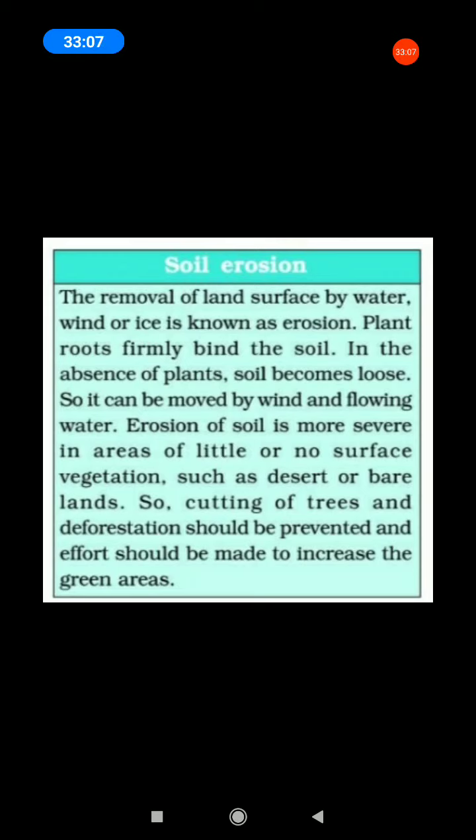In the absence of plants, soil becomes loose, so it can be moved by wind and flowing water. Erosion of soil is more severe in areas of little or no surface vegetation, such as desert or bare lands. Underline the words desert or bare lands.